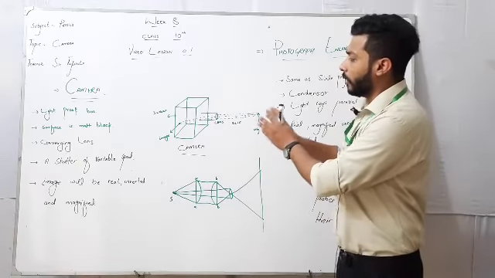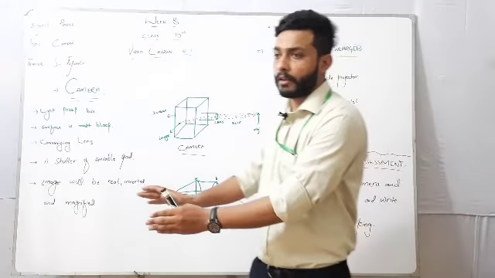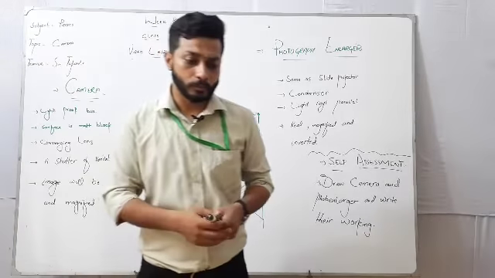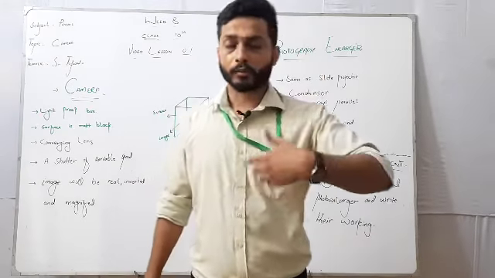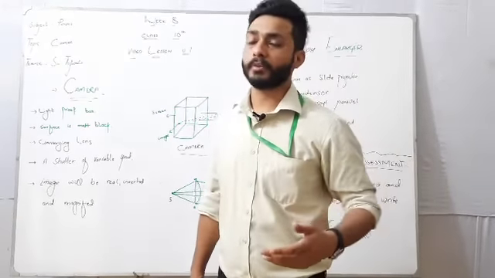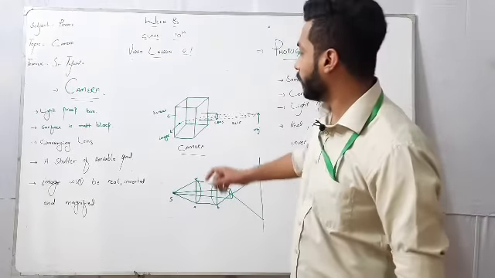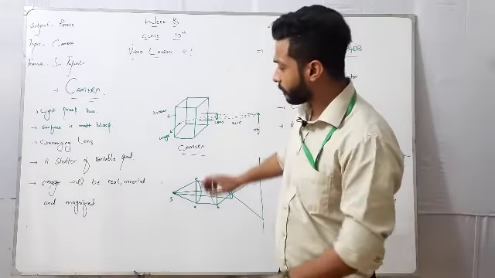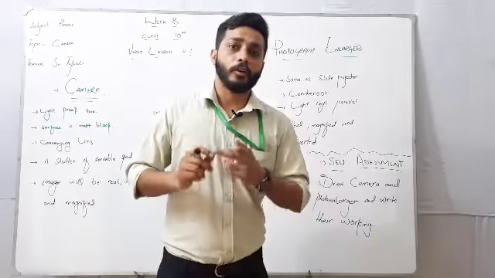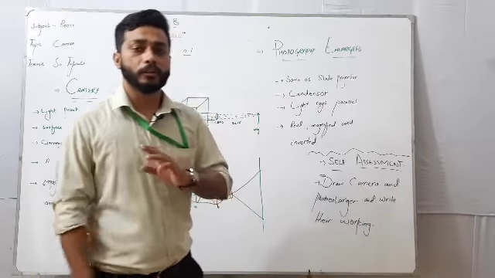We will also use a shutter of variable speed. If you want to capture an image like a video, or you want to capture in a few seconds, then you will increase the shutter speed. So students, the image which we will get is real, inverted and magnified.